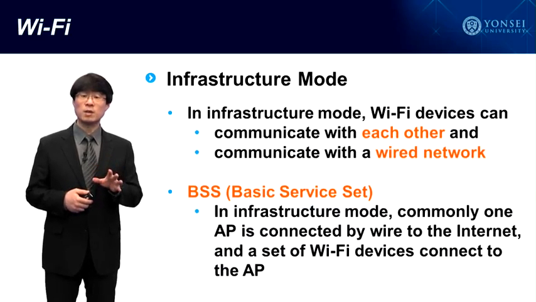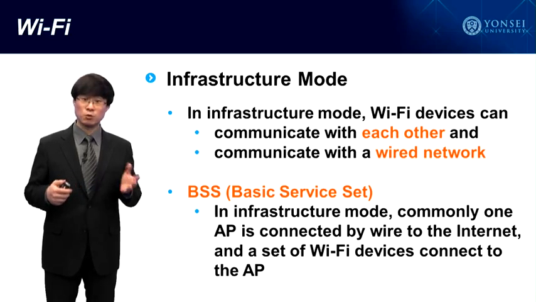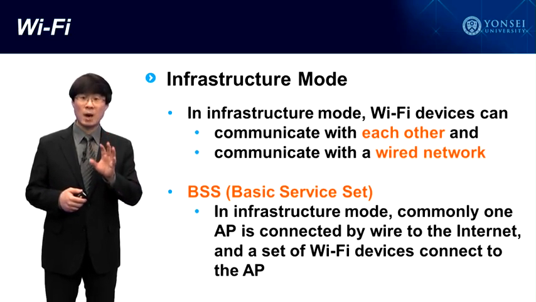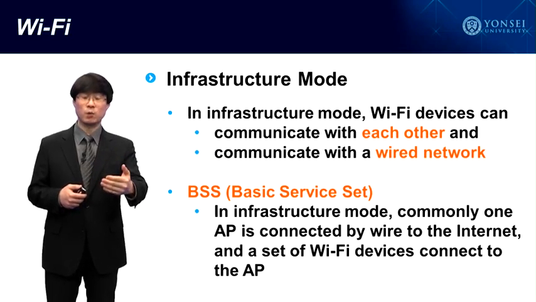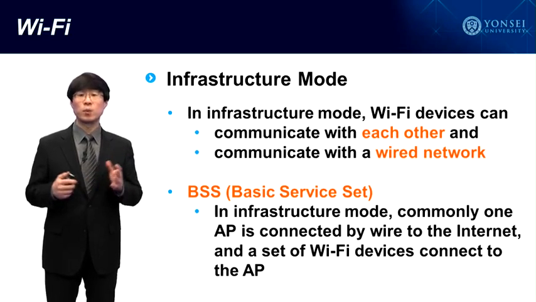Now, the network connection mode that we normally use with an AP is infrastructure mode. In infrastructure mode, Wi-Fi devices can communicate with each other and they can communicate with the internet through the wired network of the AP. We call this setup a basic service set.